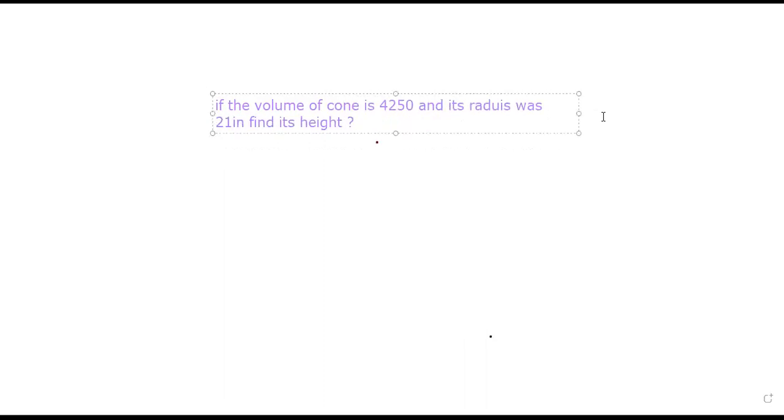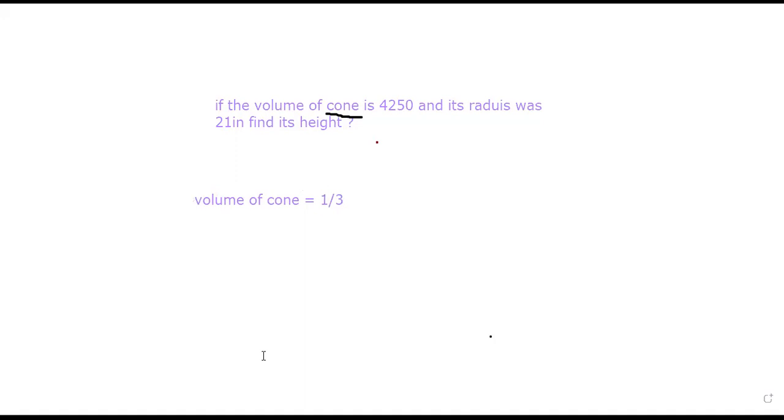What is the first step we have to do in this question? Write the formula. Exactly, we have to write the formula. Then, Judy, the formula for volume of what? Of cone, right? The volume of cone equals what? Pi multiply r squared, the area of the base. Then don't forget the third.